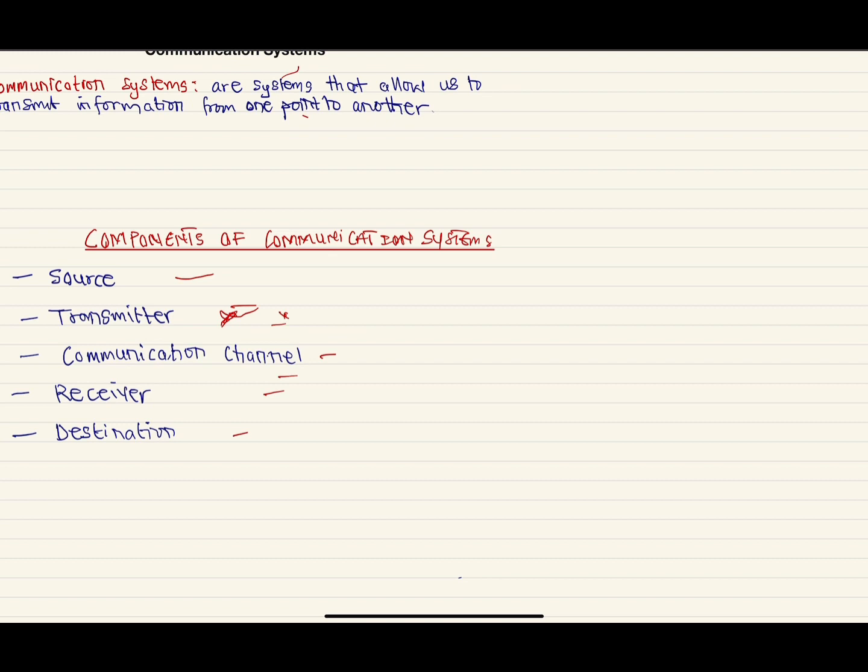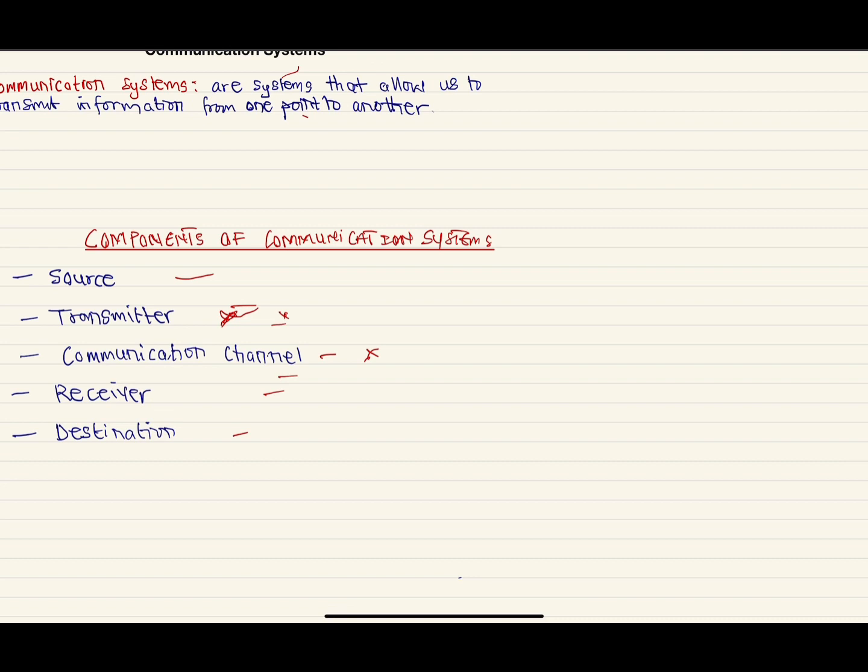In communication systems, the communication channel is the medium through which your signal is transmitted. So for instance, the communication channel for a radio broadcast is the air. If someone wants to do any radio broadcast, it's through air. That is the communication channel. And other systems also have their own channel media that they transmit information through.